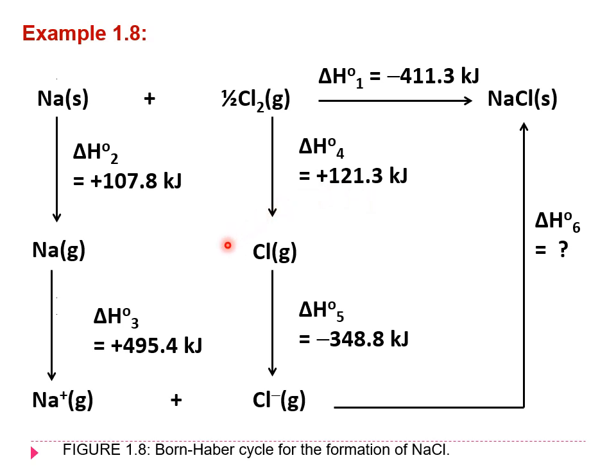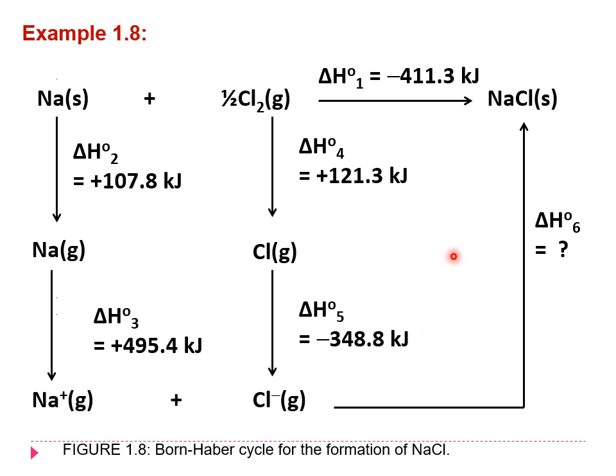After that, chlorine gas is going to be transformed into chlorine ion in the form of gas. So this is actually electron affinity because it gains electron. The value of electron affinity is negative 348.8 kilojoules.